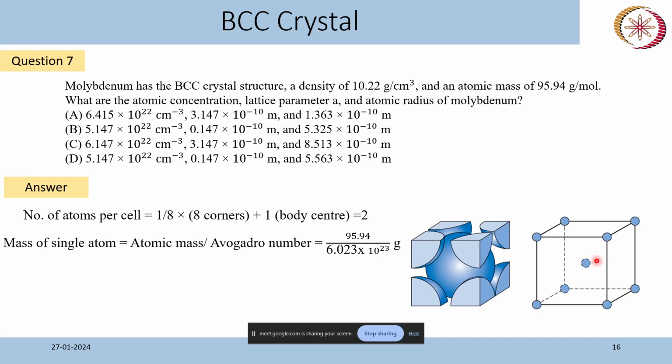The mass of a single atom we calculate by dividing the atomic mass by Avogadro's number, and then density is already given as 10.22 gram per centimeter cube, and this is already in gram, so we will get A in centimeter. I think others can at least calculate now what will be A.